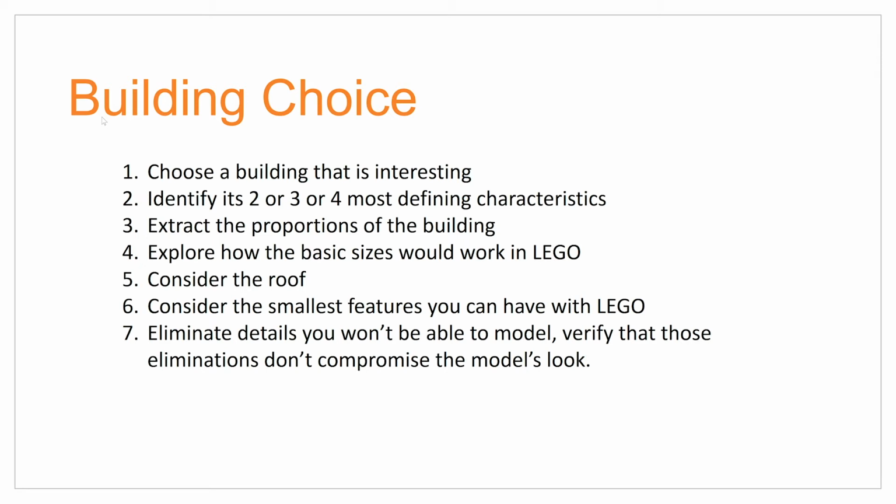And then the other thing I do, and this is number 6, is to consider the smallest features. What I mean is if you can figure out the features in the building that are defining characteristics that appear to be kind of like the smallest, then you're going to look at your smallest Lego bricks and know that that is going to define the entire size of the structure.